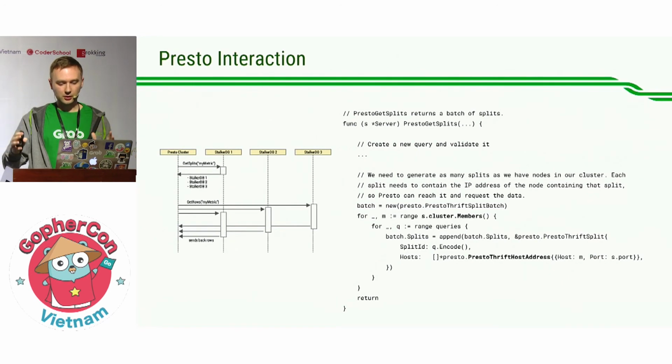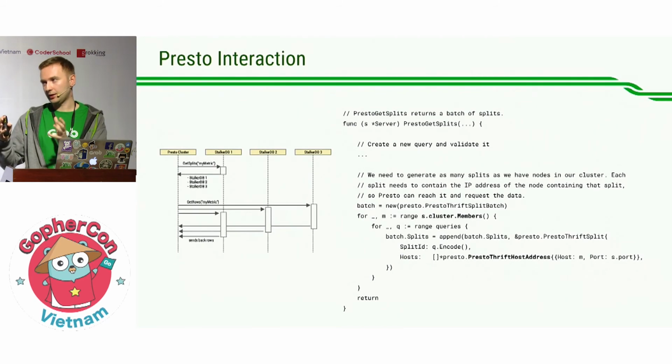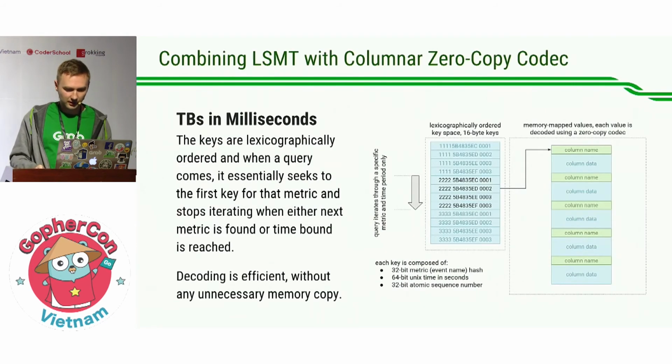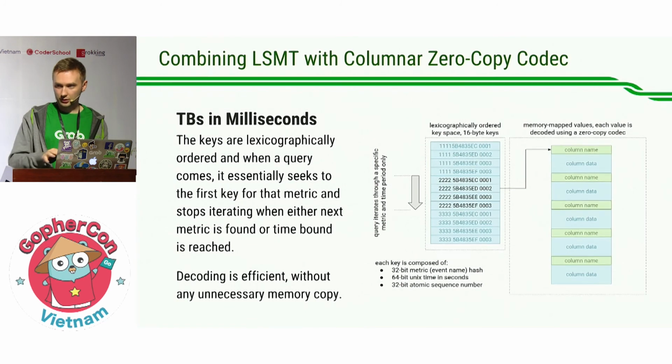When a query comes, we simply return that there are 10 machines, so your data is on those 10 machines. Then Presto comes back to every single machine and gets the data. So really, we don't do much. Presto does most of the work.